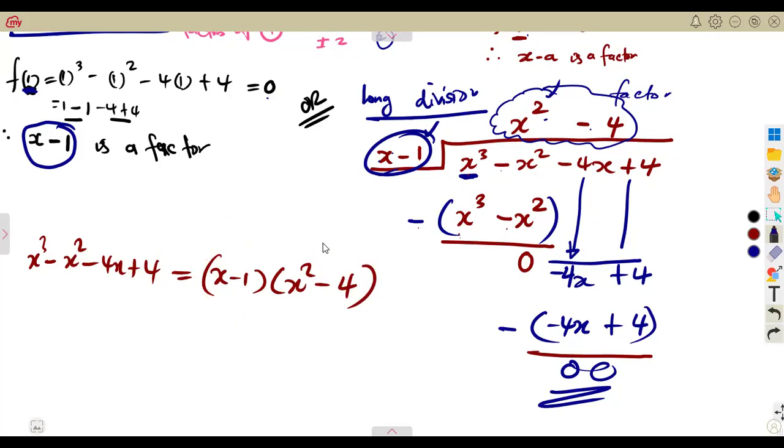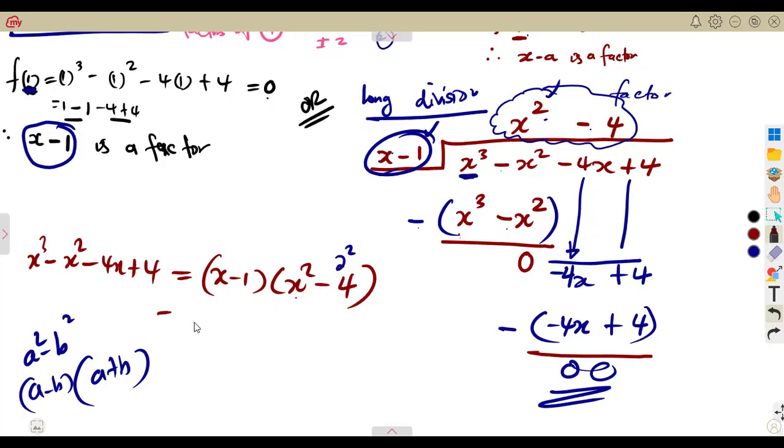In most cases, you can actually have a normal quadratic like x squared plus 5x plus 6. You factorize that. But in this case, we've got x squared minus 4. What is this? A difference of 2 squares. Remember, a squared minus b squared is a minus b into a plus b. Therefore, this can be written with 2 squared.